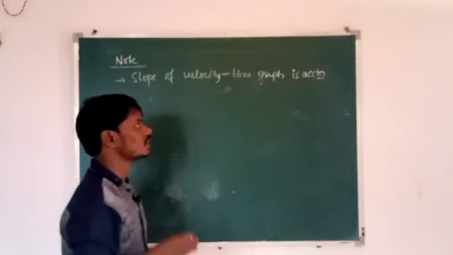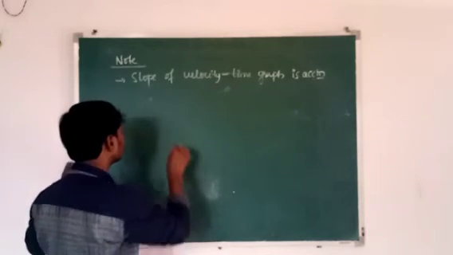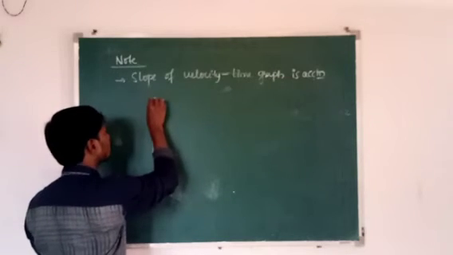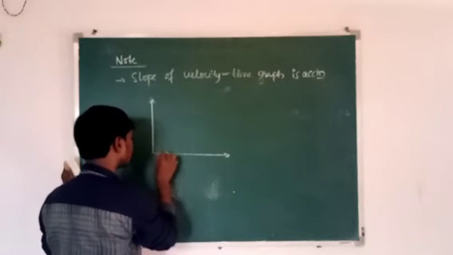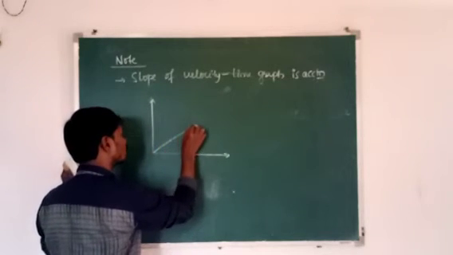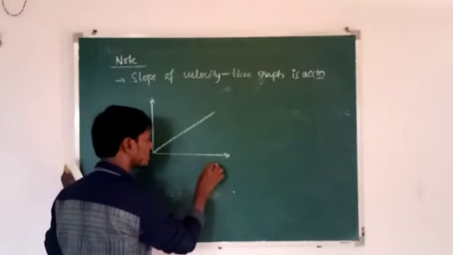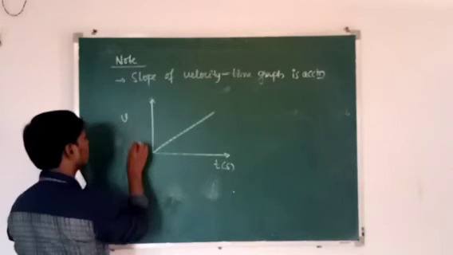Now let us draw the velocity versus time graph for uniform acceleration, because we are going to prove that the slope of velocity versus time graph is acceleration. Along x-axis we take time, and along y-axis we take the velocity.